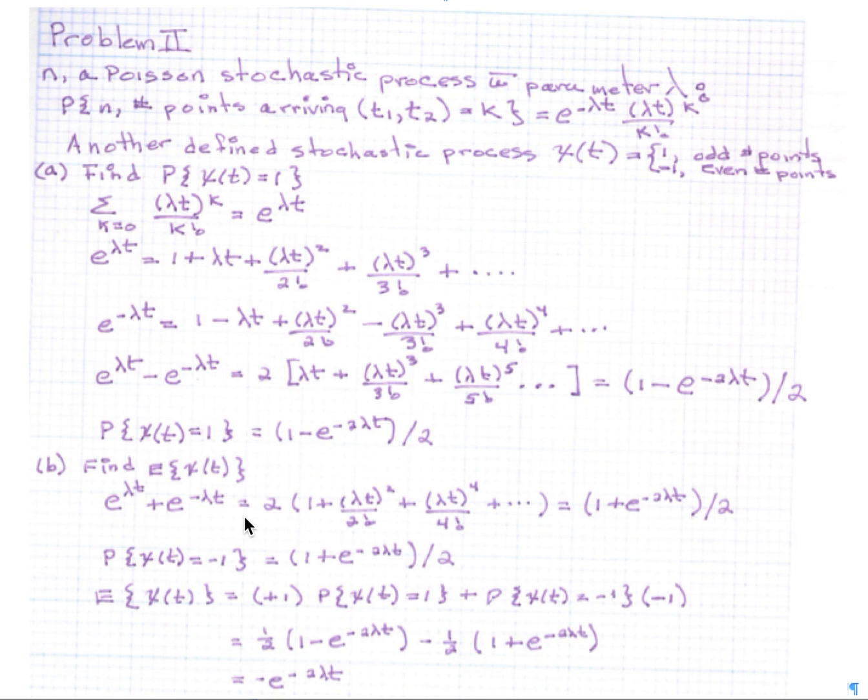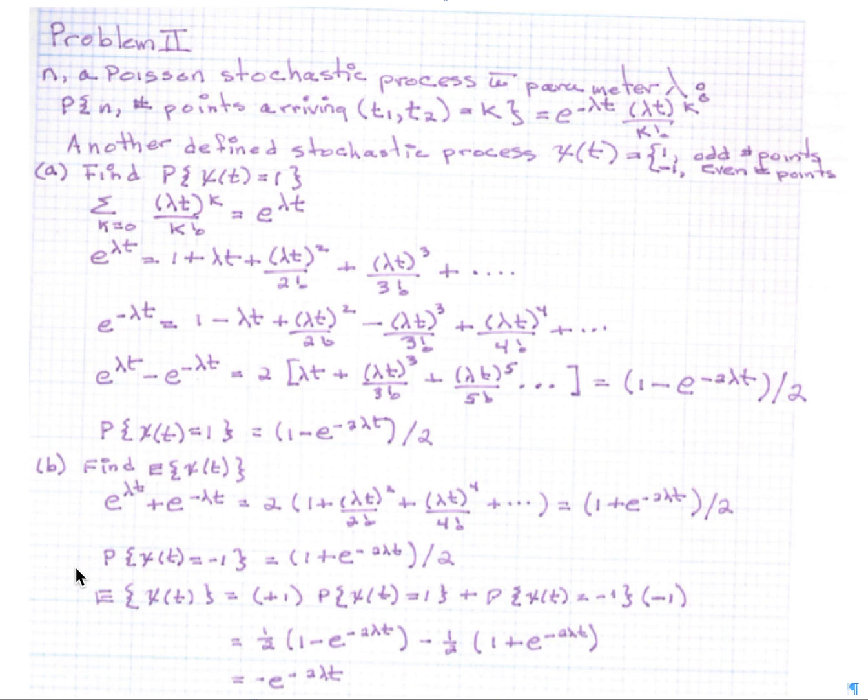So that comes to 2 times the quantity 1 plus lambda t squared over 2 factorial plus lambda t to the fourth over 4 factorial on out to the end, where we summarize by saying that the quantity is equal to the quantity 1 plus e to the minus 2 lambda t, divided by 2.